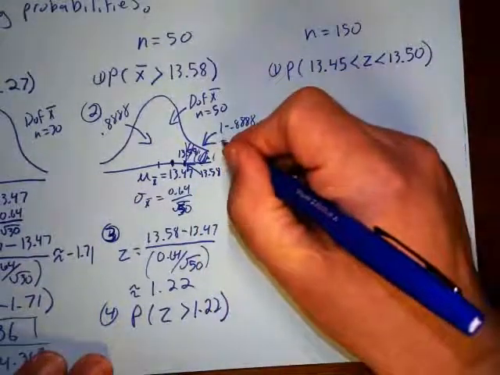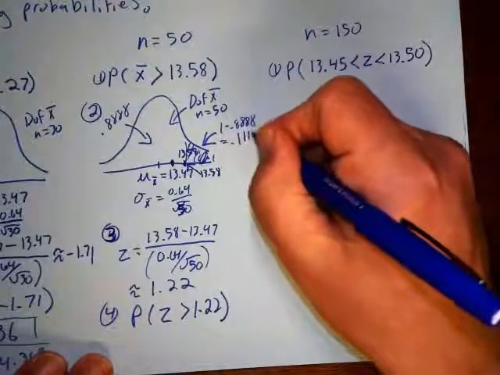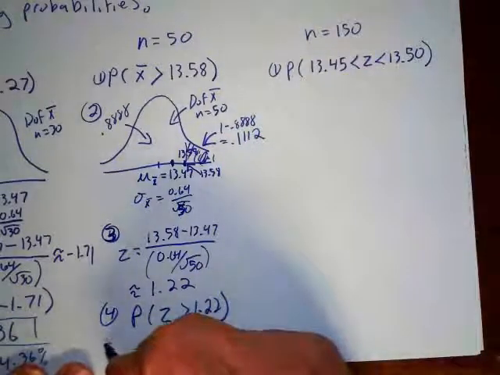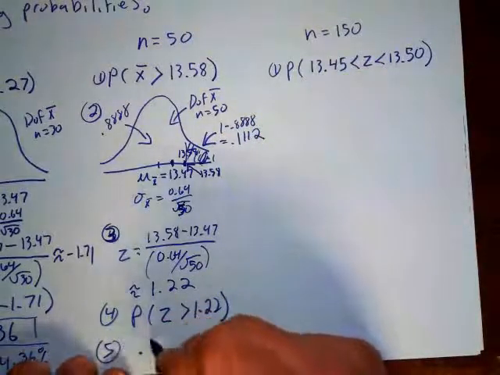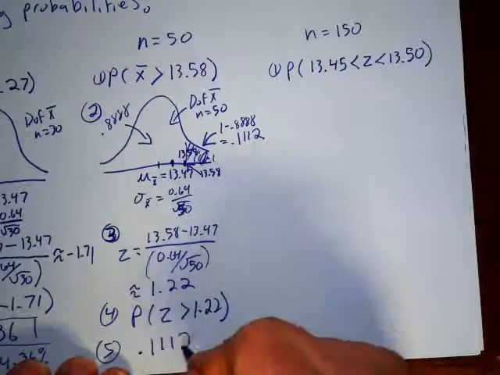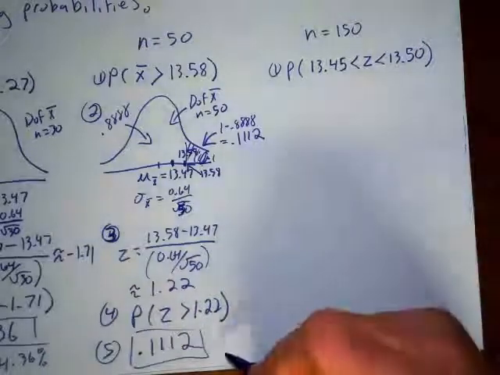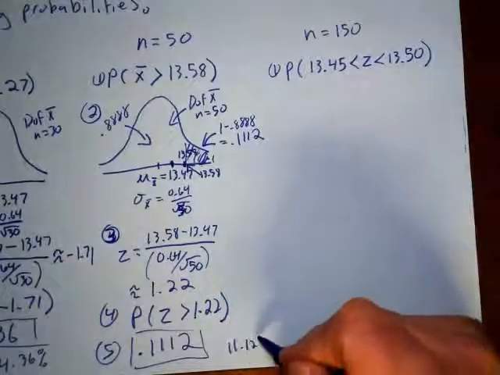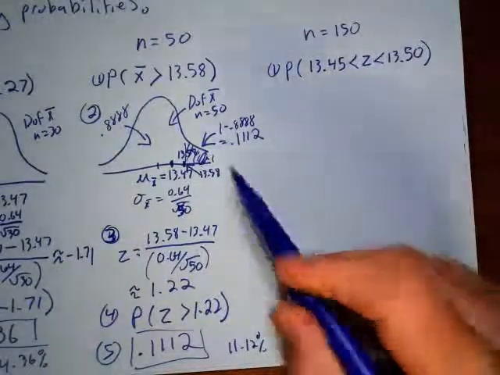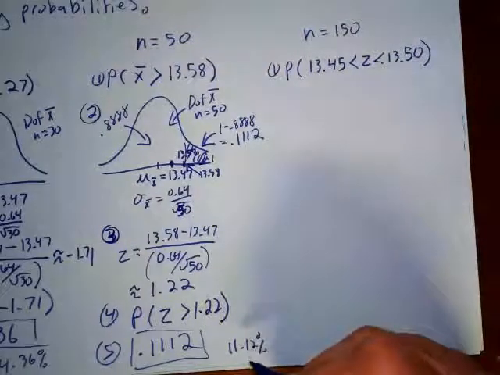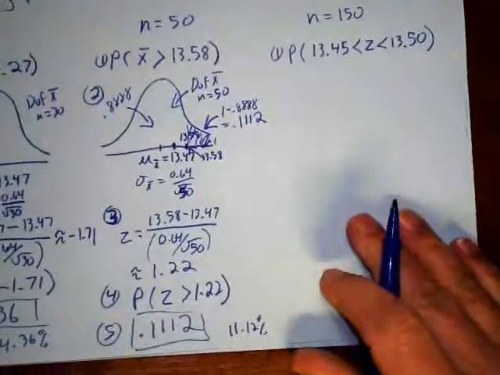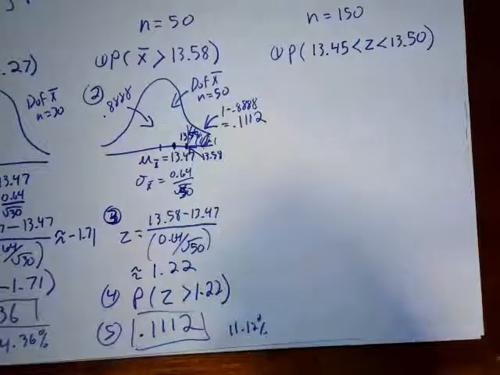So this here is 0.1112. And so that is the desired probability. So you could also think of this as, of all the possible samples you could draw out of size 50, a little over 11% of those samples will have a mean greater than 13.58.